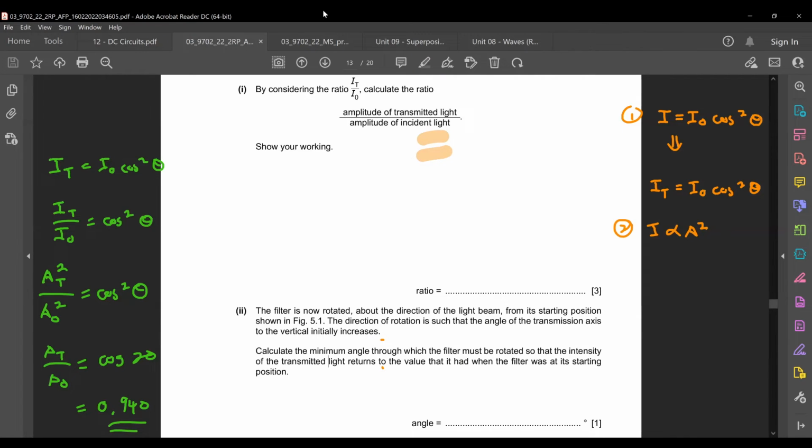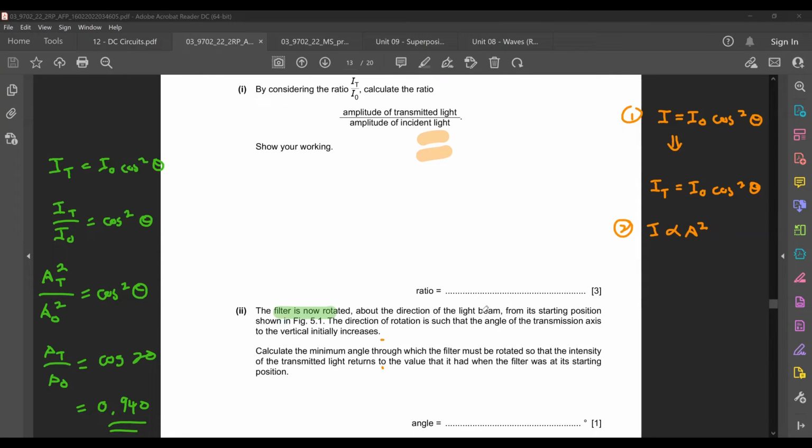Okay, so they basically mentioned this to you. Your filter is now rotated about the direction of your light beam from the starting position. The direction of rotation is such that the angle of the transmission axis from the vertical initially increases. You rotate your angle in such a way that it increases.